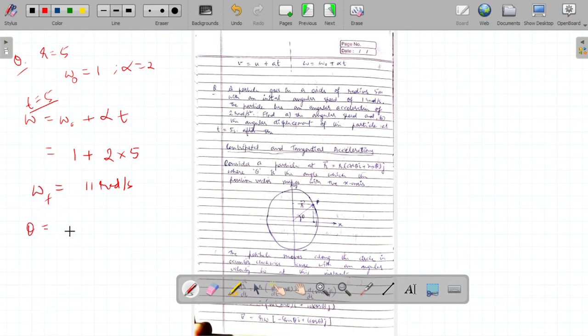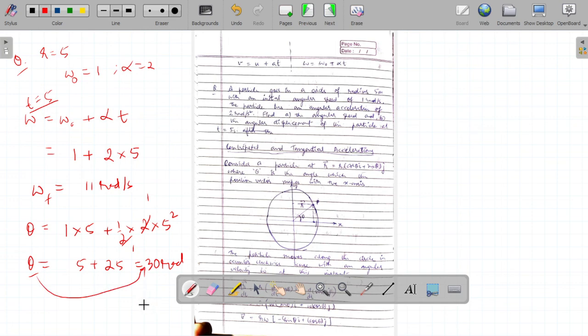The angular displacement of the particle would be 1 into the time taken, that is 5 seconds, plus half of the angular acceleration, that is 2, into the time taken squared, 5 squared. So this should give us 5 plus 25, that is 30 radians. That gives us the angular displacement of the particle in 5 seconds.